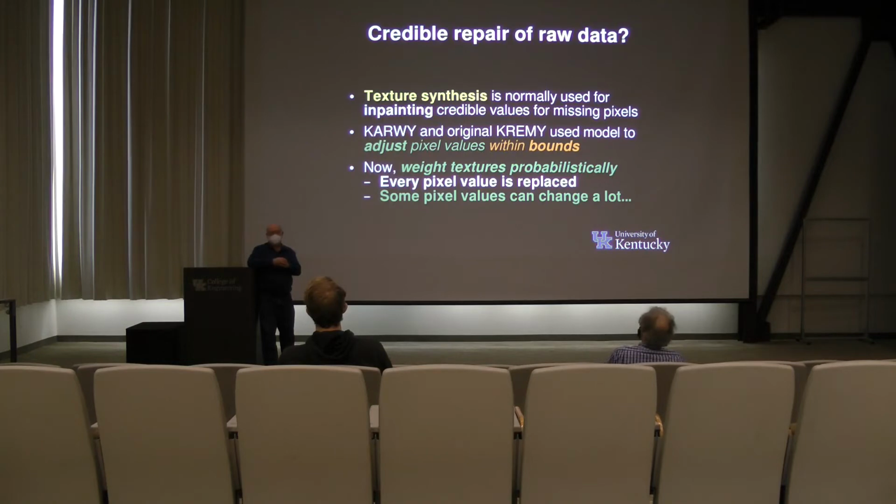Now, what we originally did in Creamy and in Carwy, which I'll tell you a little bit about later as well, was that we used a texture synthesis algorithm to not actually replace pixel values, but to just tweak them within the error bounds that we measured.